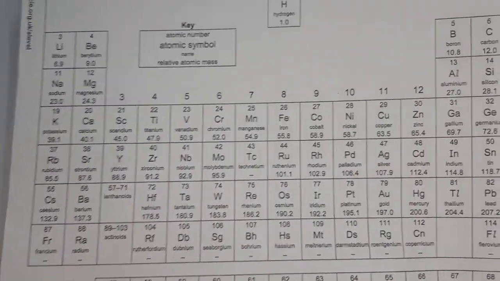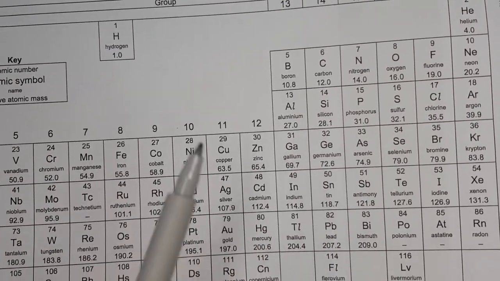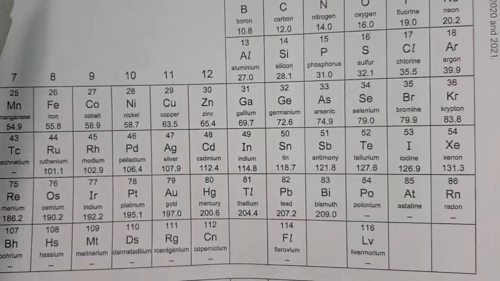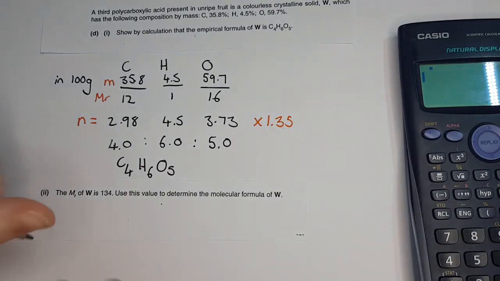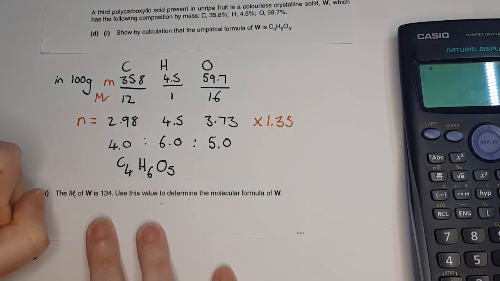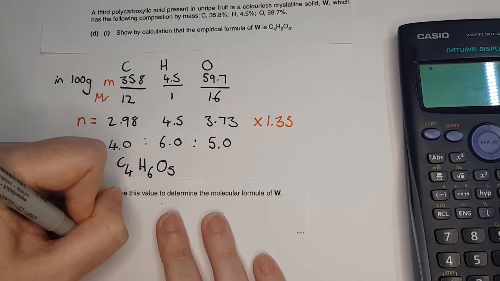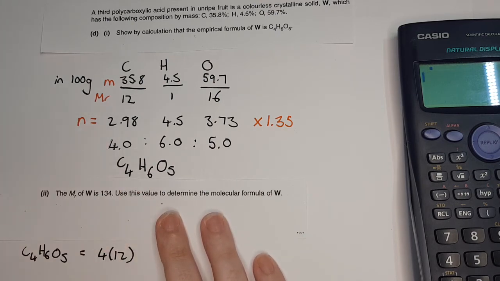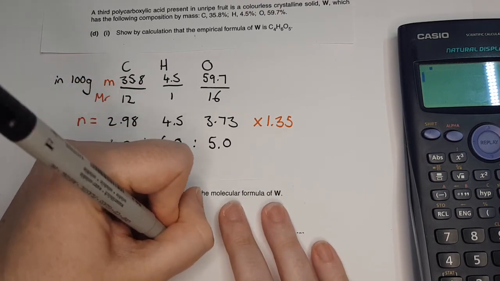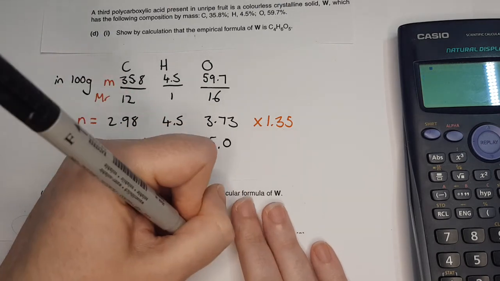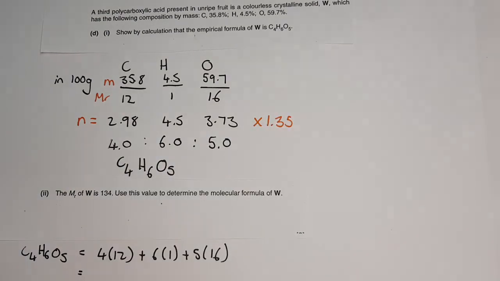Okay, and I know that carbon is 12, and I've got hydrogen as 1, and I've got oxygen as 16. So for C4H6O5, it's going to be 4 times 12 plus 6 times 1 plus 5 times 16. And I will get a molecular mass.